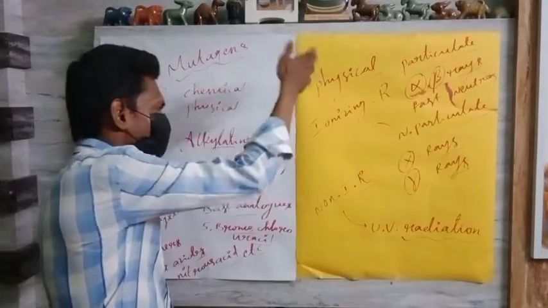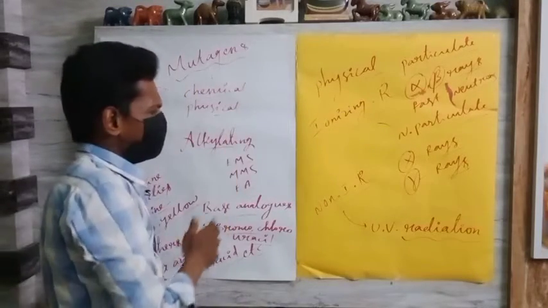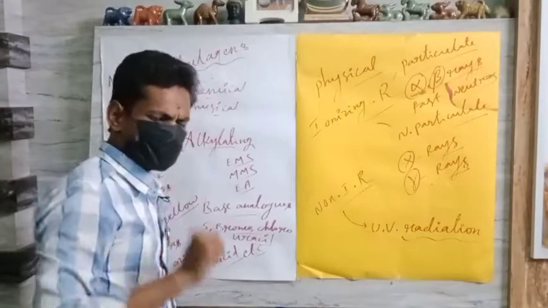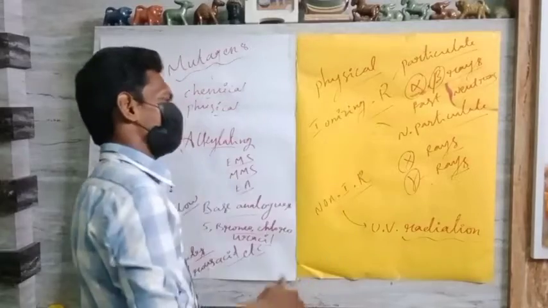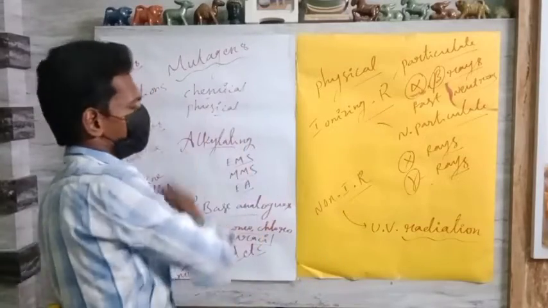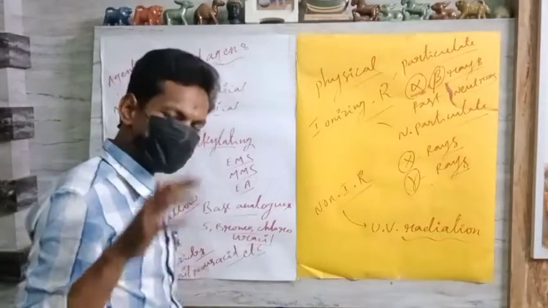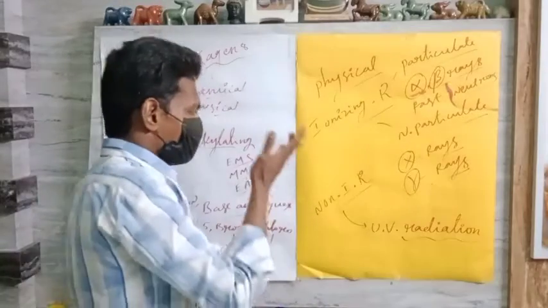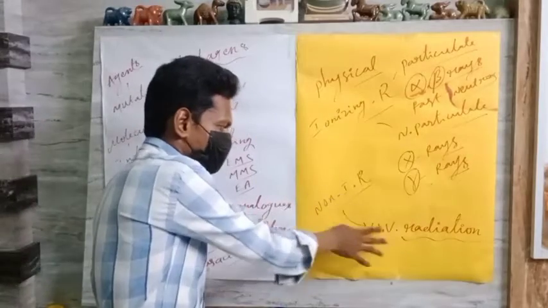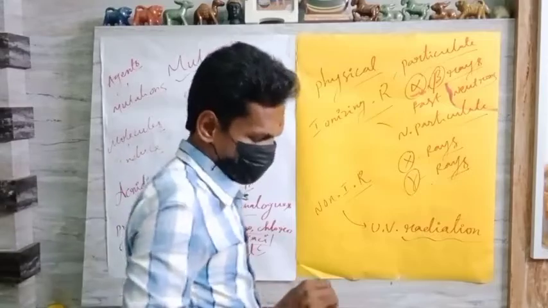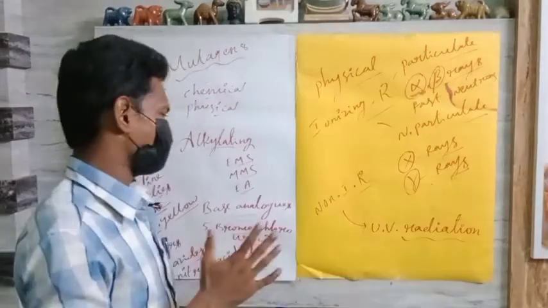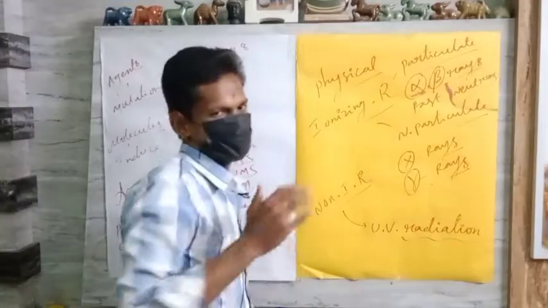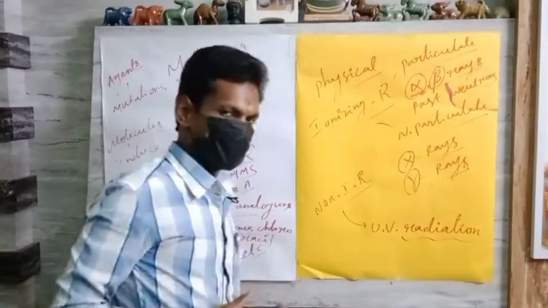Coming to the physical mutagens, there are 2 main types of categories. One is ionizing radiation mutagens, second one non-ionizing radiation mutagens. For non-ionizing radiation mutagens, the best example is ultraviolet rays, UV rays. Those UV rays come under non-ionizing radiation mutagens.